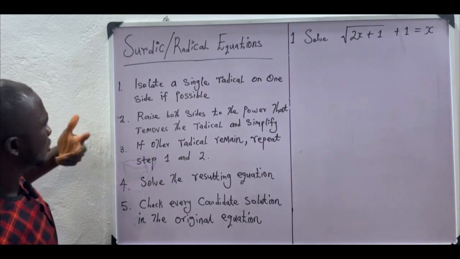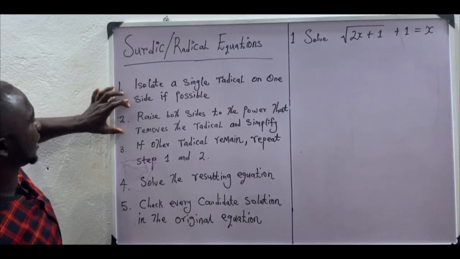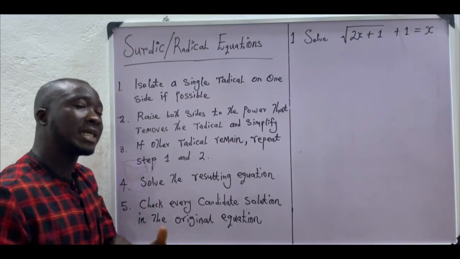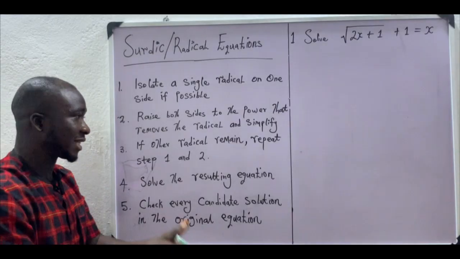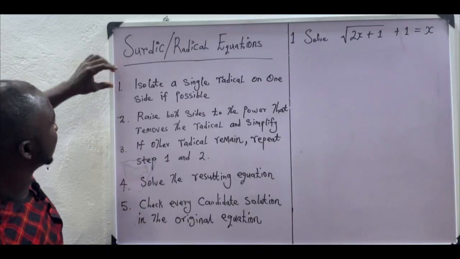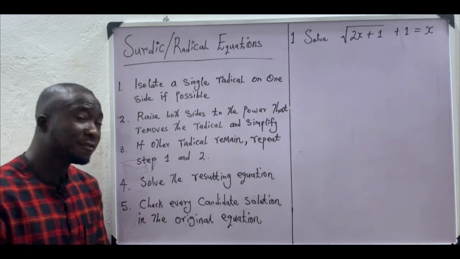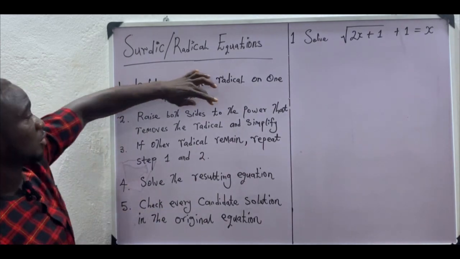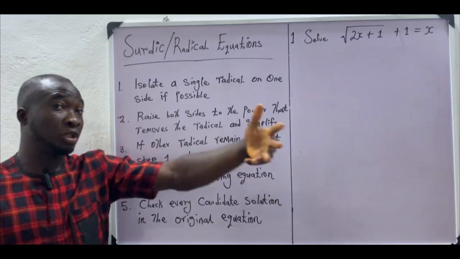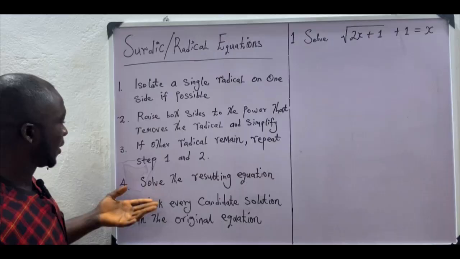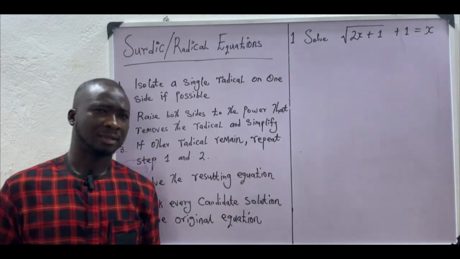Now, sometimes you might apply the second step and you still find that another radical remains in the equation. If that happens, then you need to repeat the first step and also the second step. But if after you have raised both sides to the power that corresponds to the root, the root is removed, you simply go further to solve the resulting equation.